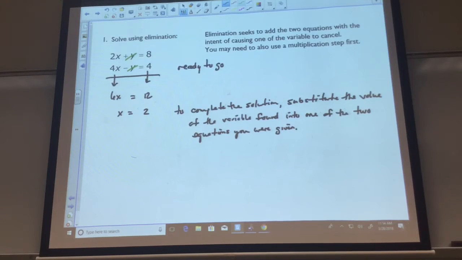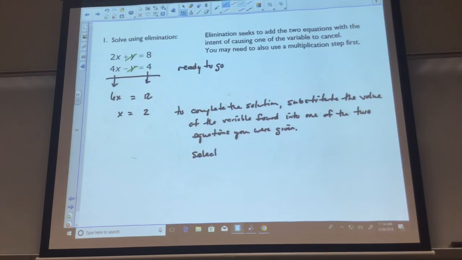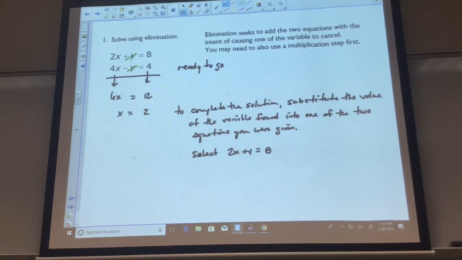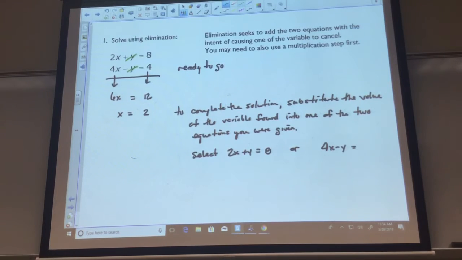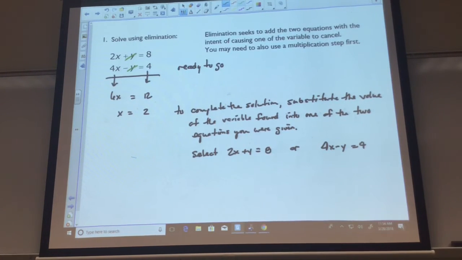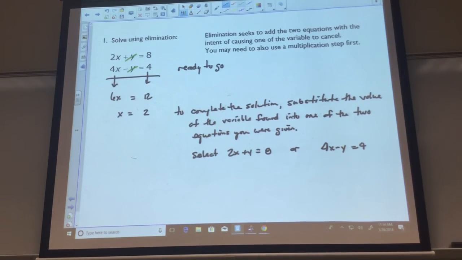That means either you're going to select 2x plus y equals 8, or you're going to select 4x minus y equals 4 to be able to find the second part of the answer, to find the other variable value.